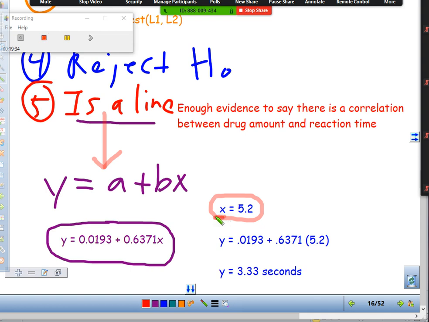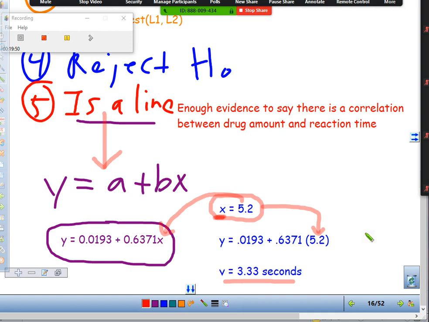So you figure out what your x is, and then you put that in for x to figure out what your y is. So I substitute into my x, and I got y is 3.33 seconds. So when we have 5.2% of drugs in our system, our reaction time will be 3.33 seconds.